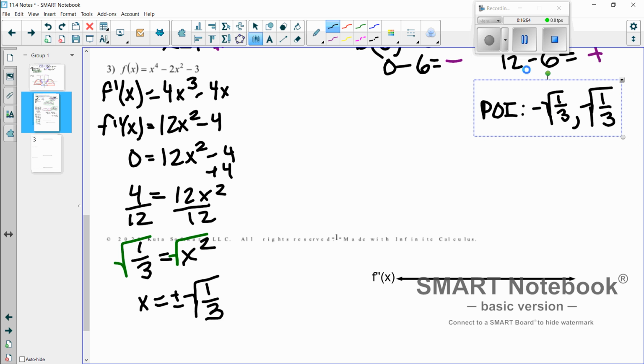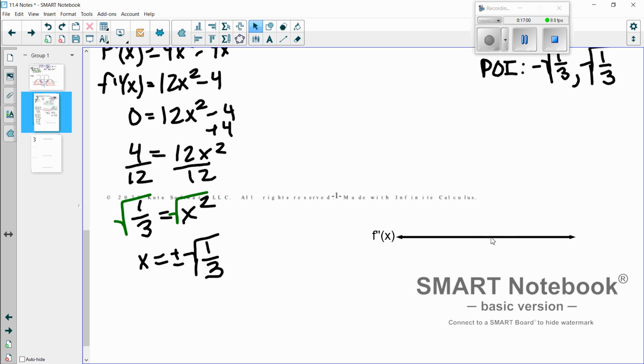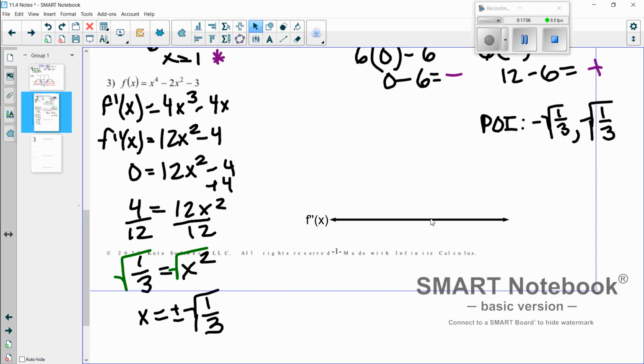And now what we want to do is determine our concavity. This is where that number line comes into play. Make sure we're plugging back into the second derivative. We're going to plug in values to the left and the right of our inflection points, because we have 2 here.